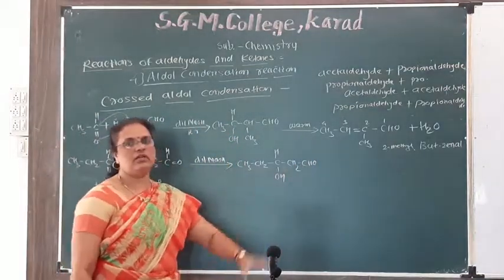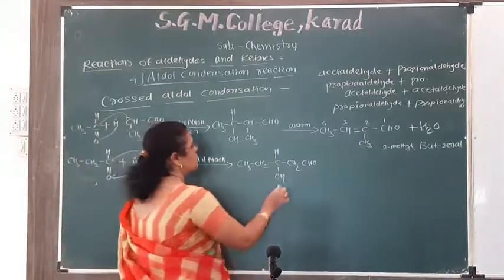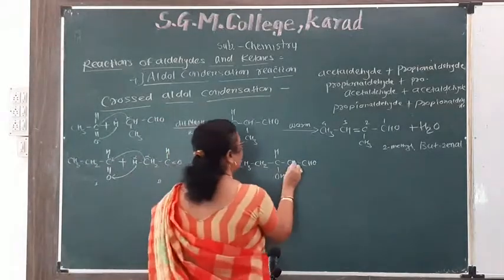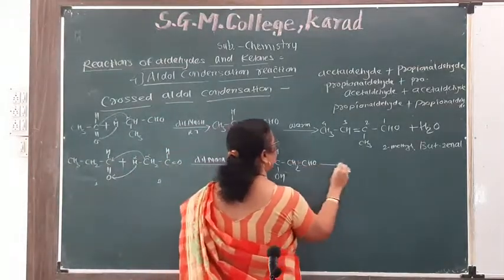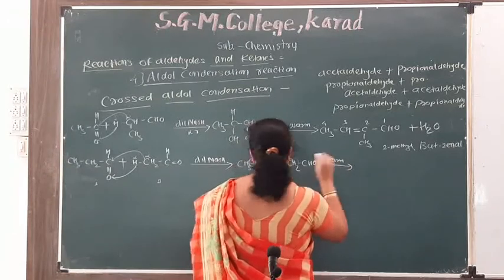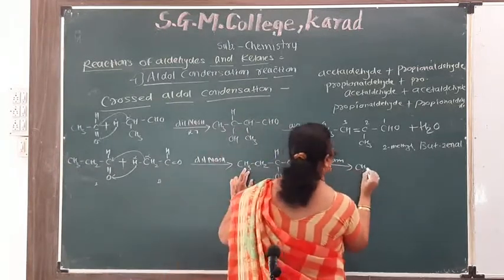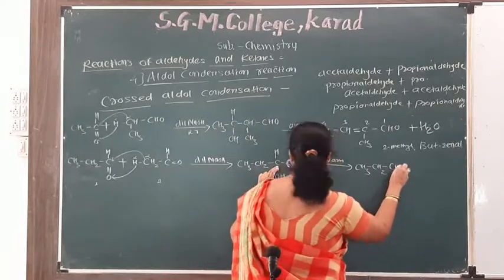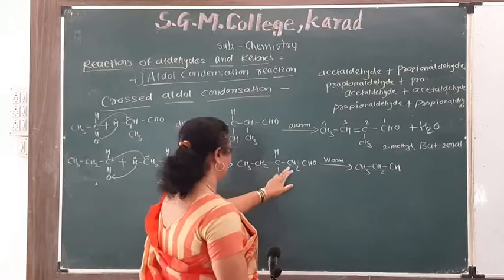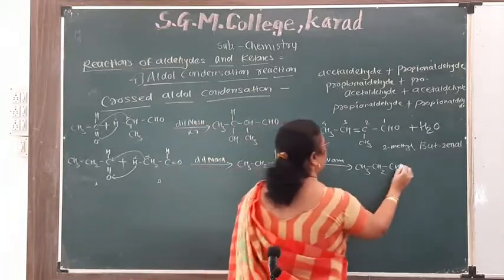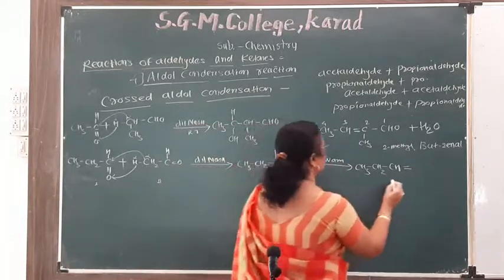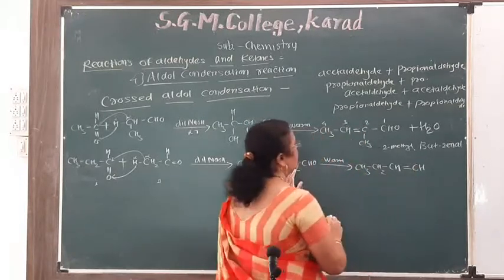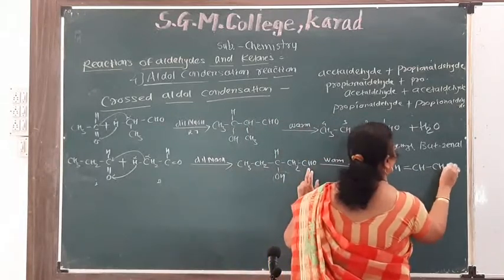Then a water molecule is eliminated. This OH and this H are eliminated on warming to give CH3CH2CH=CHCHO.